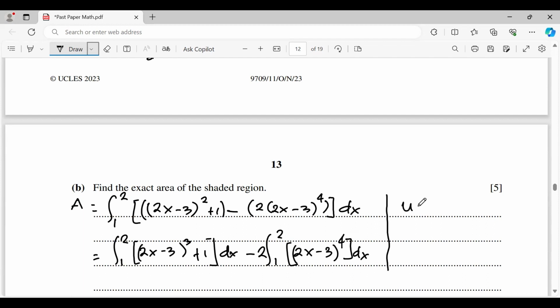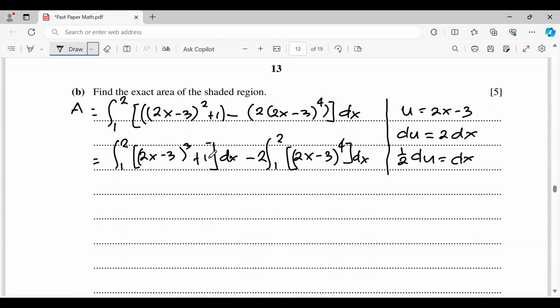If u equals 2x minus 3, it means du equals 2 dx, or half du equals dx. Now I'm going to find this first part, and after that the second part.